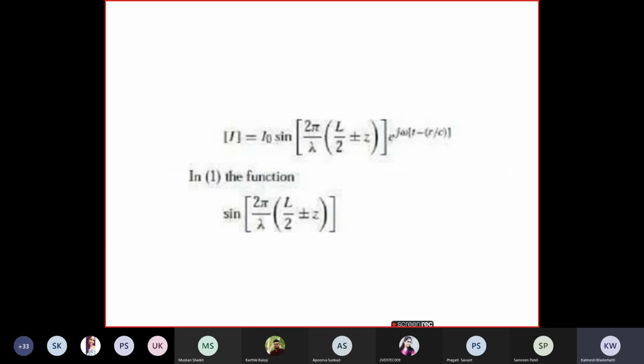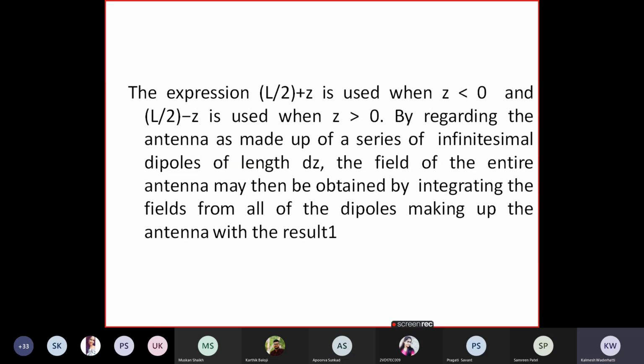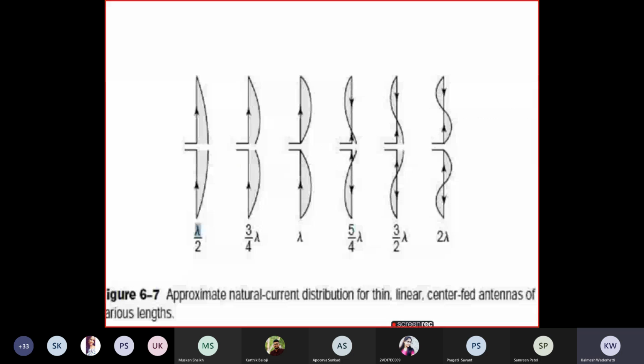Just I will show the figure here. How many figures have we taken here? For the current distribution of lambda by 2, at the center it has the maximum value, and at the end of the pole it will be 0.